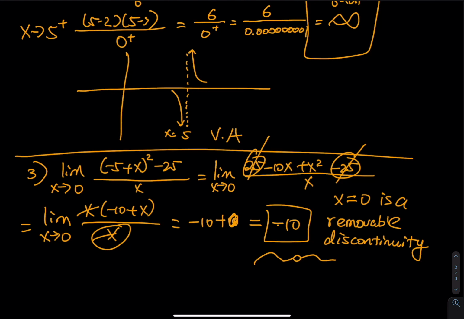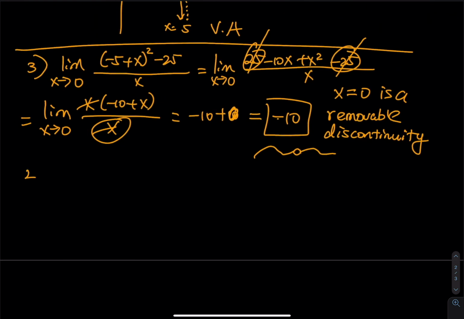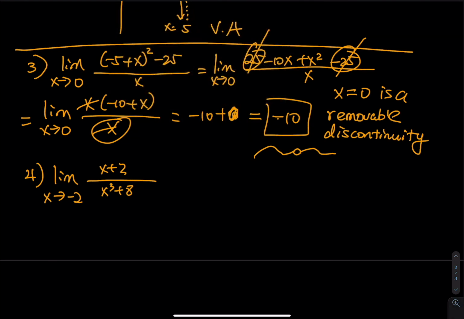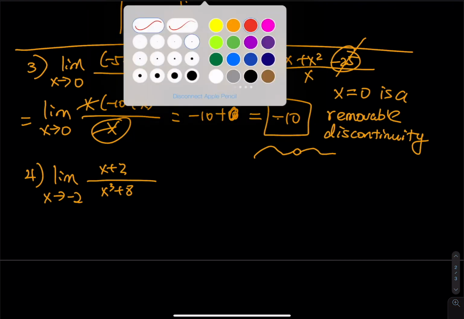All right. So next one, we have number 4. We have the limit as x approaches negative 2 of x plus 2, divided by x to the third plus 8. We have to expand the x to the third plus 8. To expand that requires a strategy called, actually, you know what? We don't need to use that strategy in here.